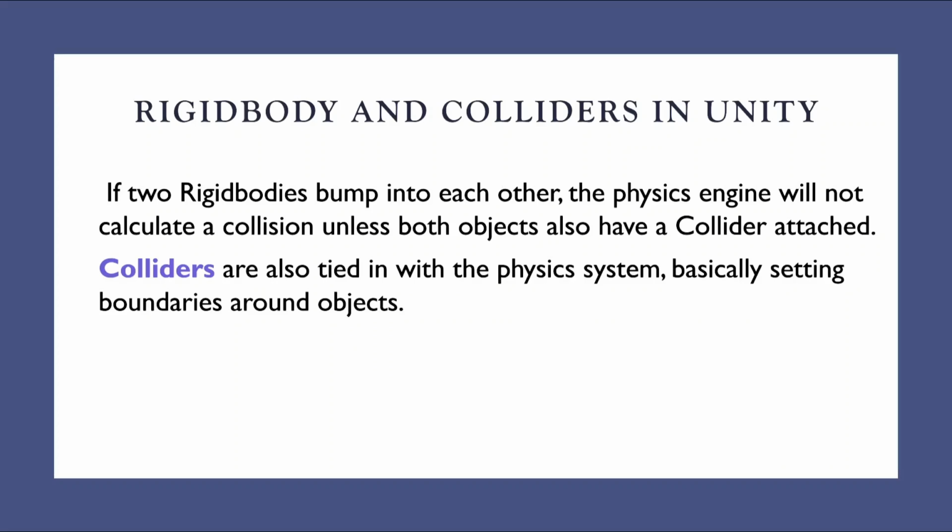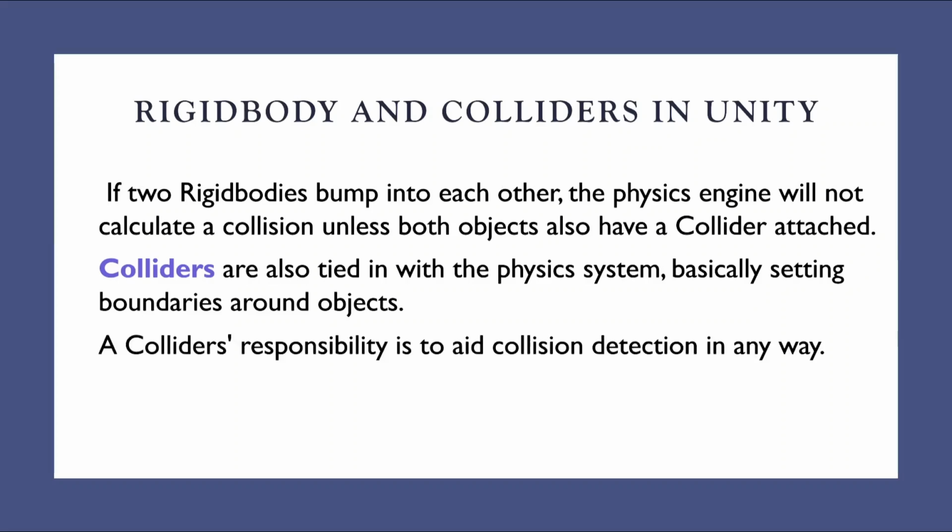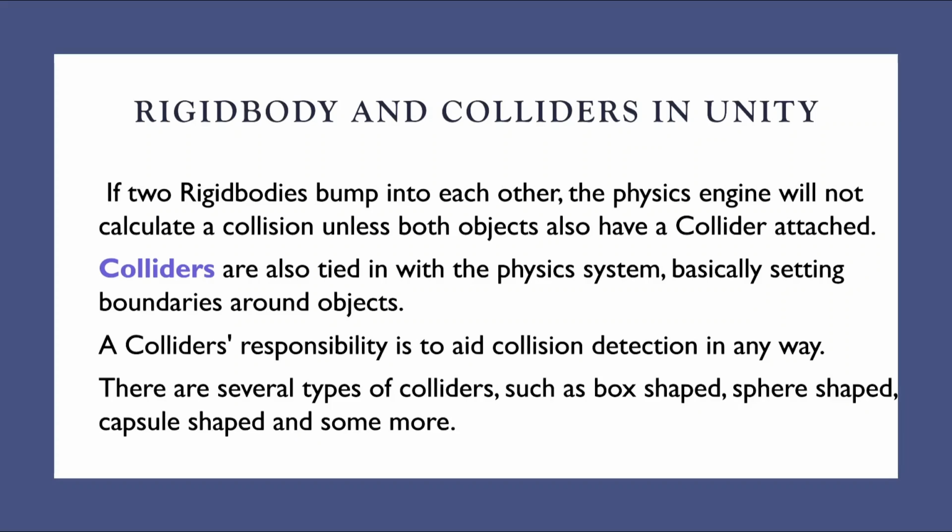Once they detect that collider, that boundary, the object will stop there. Collision will be detected and colliders are tied with the physics system, and their responsibility is to aid collision detection. There are several types of colliders in Unity, like box shaped, sphere shaped, and capsule shaped.